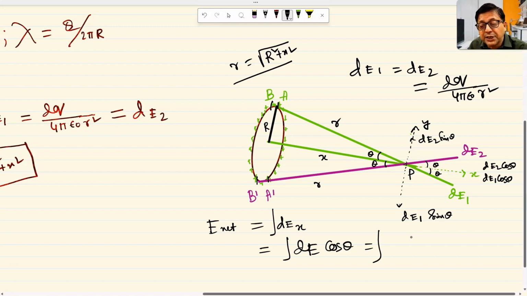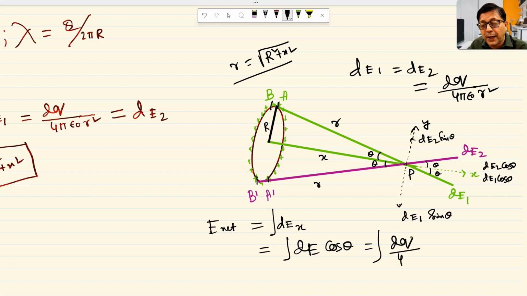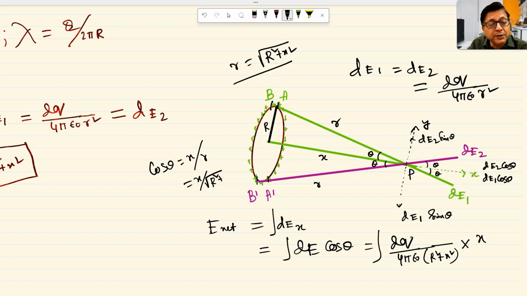So this is integration of dq by 4 pi epsilon 0 r square, where r square means r square plus x square, and the value of cos theta is x by, what is cos theta here in this diagram? Cos theta is x by r, that is x by under root r square plus x square.